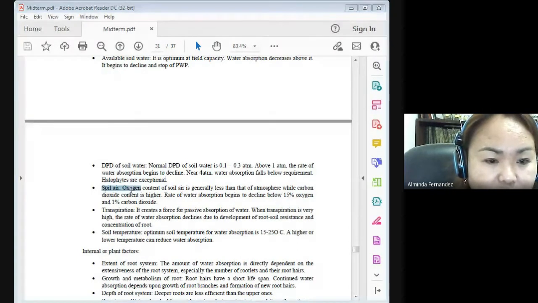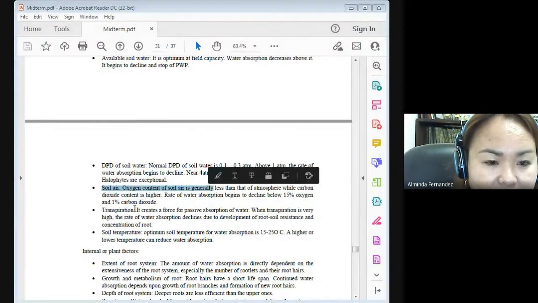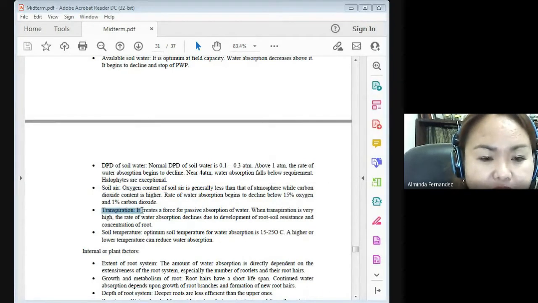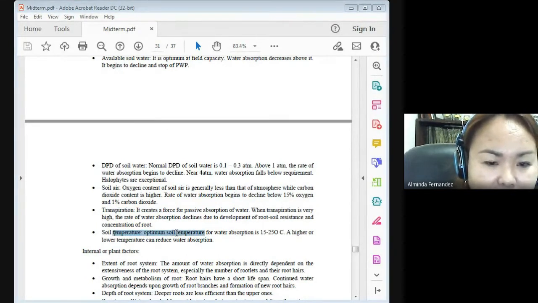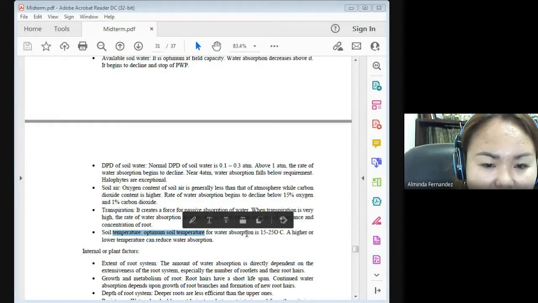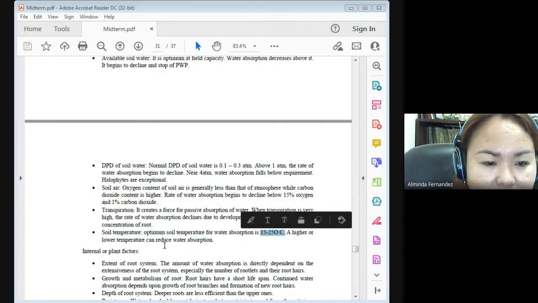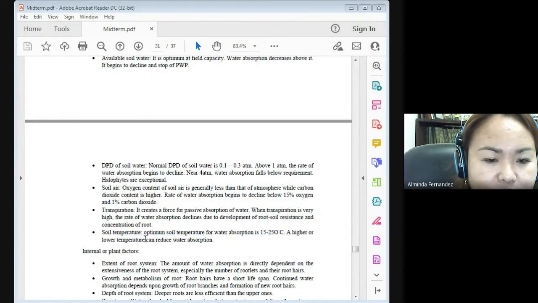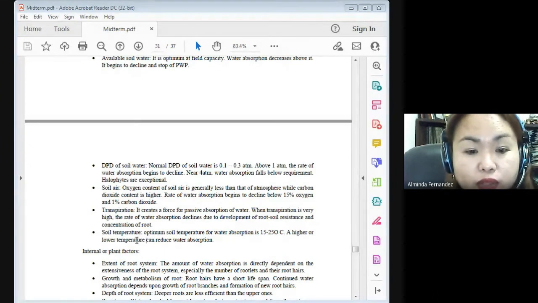We also have soil air or oxygen content. And of course, as I said earlier, transpiration will create a force to pump. And soil temperature: when it's warm it favors water absorption, while higher or lower temperature will also reduce water absorption.